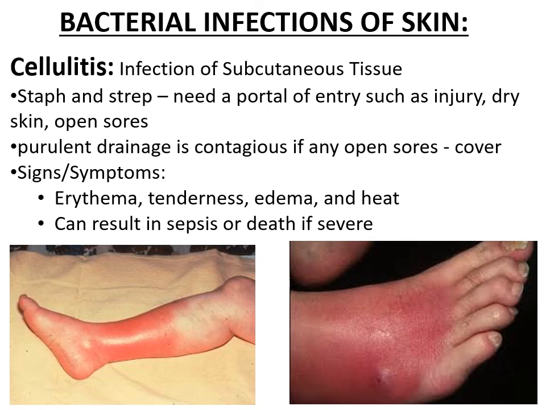Now, can there be purulent drainage? Sure, maybe at the site of the sore, of the open wound, but not typically as the redness spreads under the skin. Okay, so the classic symptoms and signs of cellulitis: redness, and typically the redness is beaming. You can see in the image on the right. It's giving off lots and lots of heat. It's exquisitely tender.